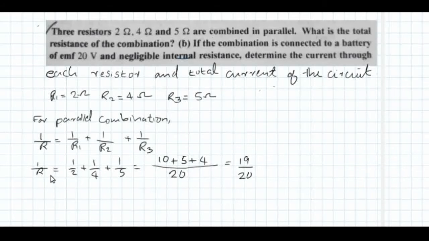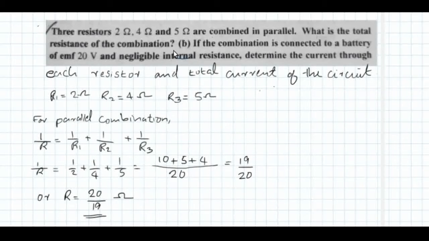So 19 by 20 is 1 by R. Taking the reciprocal, R is equal to 20 by 19. So 20 by 19 ohm is the effective resistance when the resistors are in parallel combination. So that is the first part of the question.